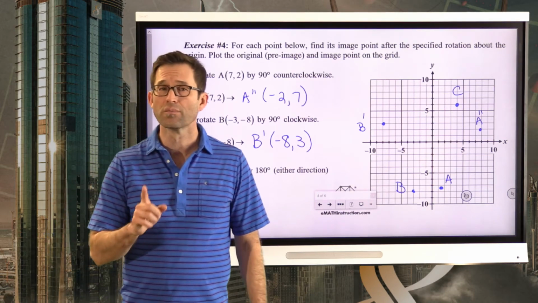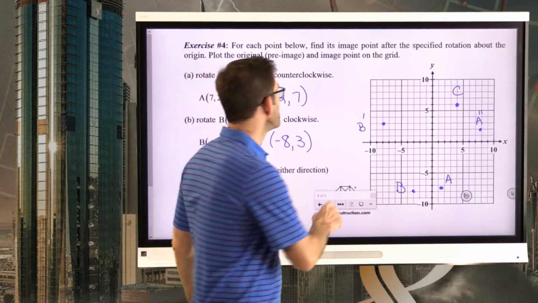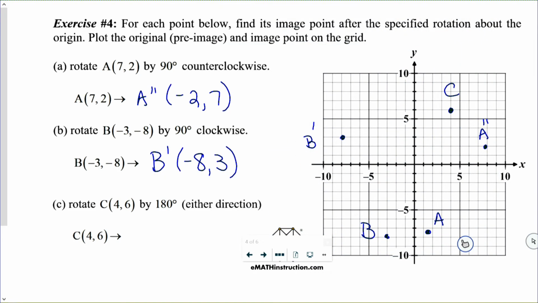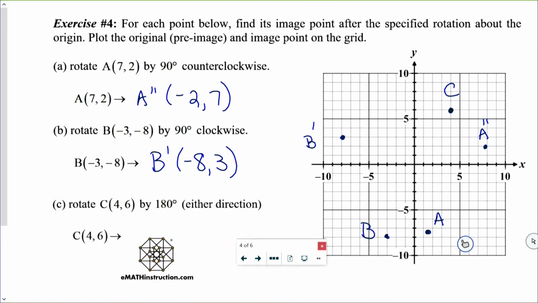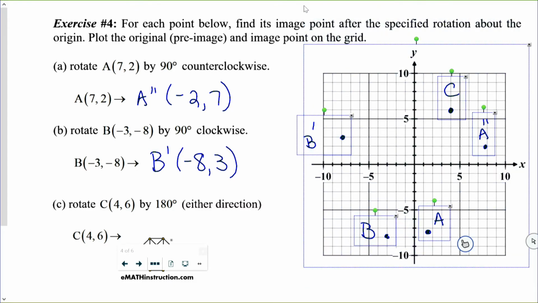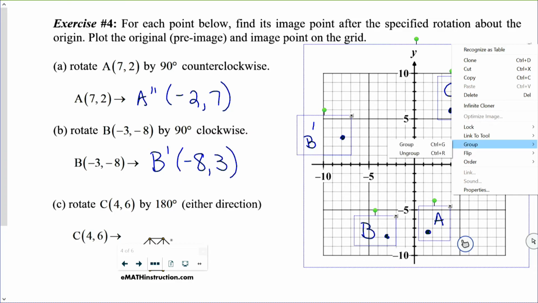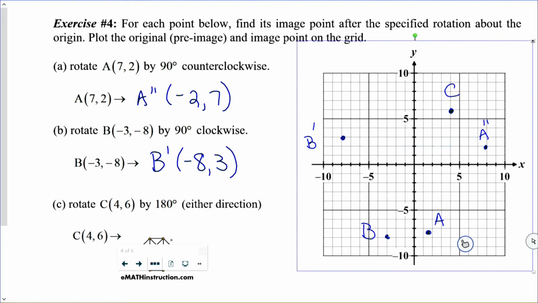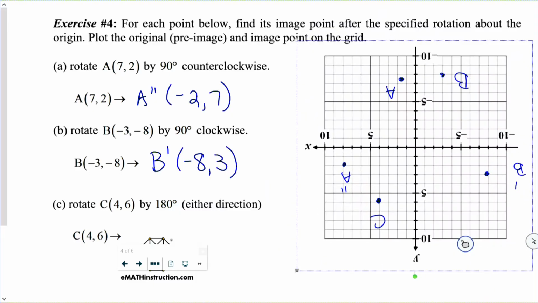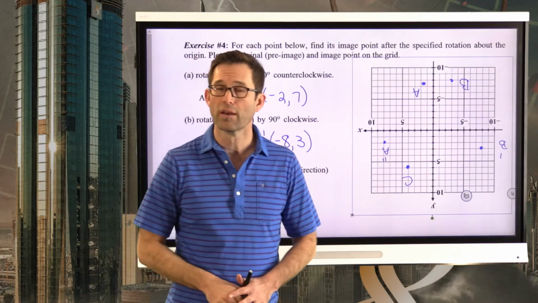So, in terms of C, what I want to do to rotate it, and again, I'm going to try to group all of these together except for hopefully the eMathInstruction icon. Let me try it again. I'm going to group all of these things together so that the points sort of rotate with it. I don't know how they ungrouped last time, but if I rotate 90 degrees counterclockwise, one turn, and then another 90 degrees counterclockwise, another turn, then I've rotated 180 degrees.